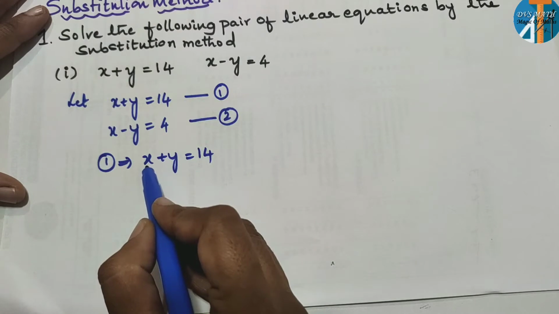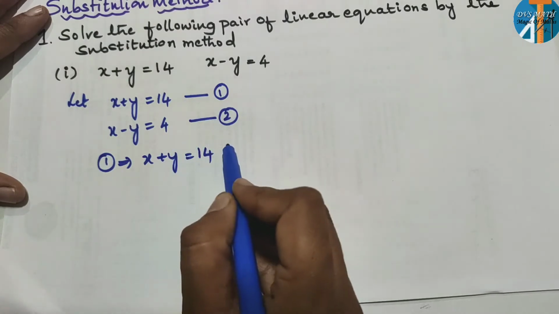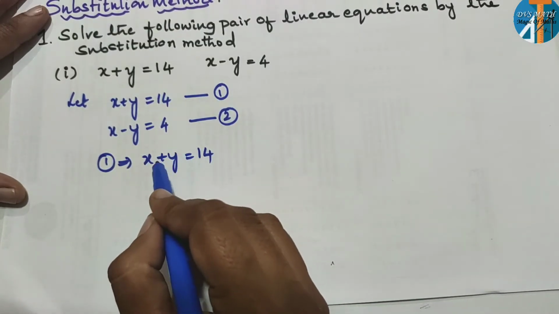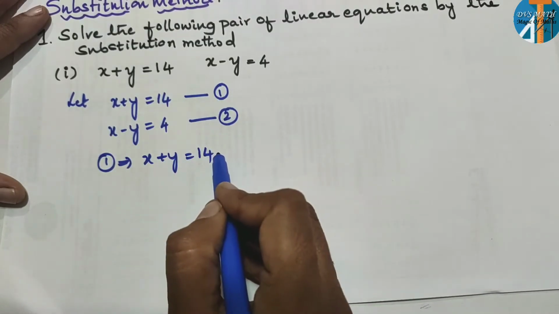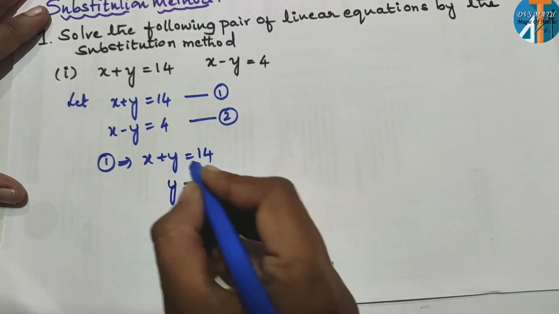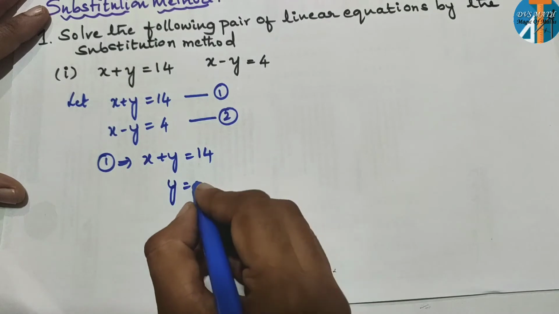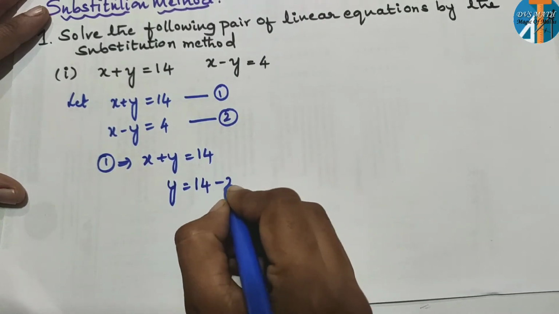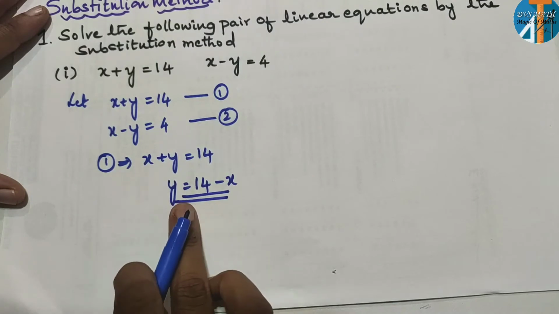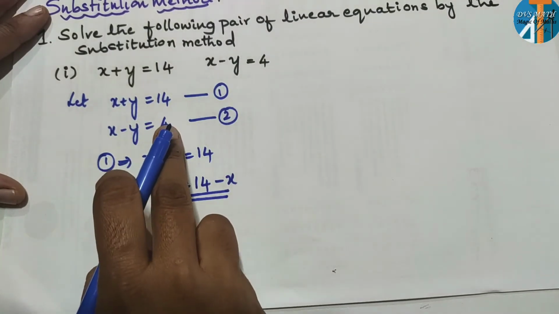If we convert in terms of x, y goes to the RHS and becomes minus y, so 14 minus y. Or if we convert in terms of y, x goes to the RHS and becomes minus x. So I will convert this in terms of y. y is equal to, I will send x to the RHS, 14 minus x. So you got the value of y.